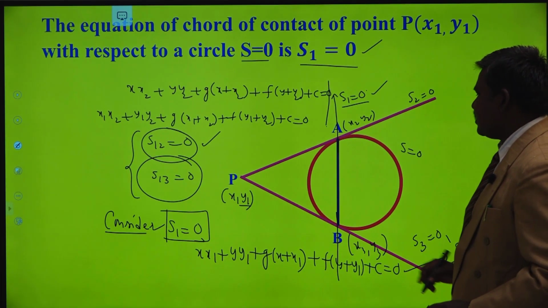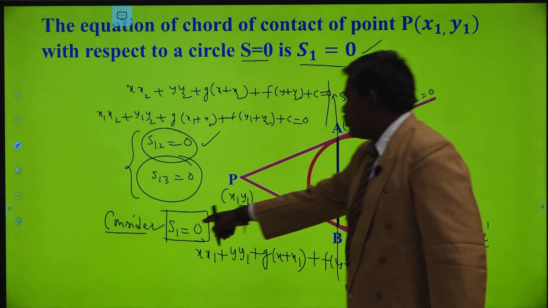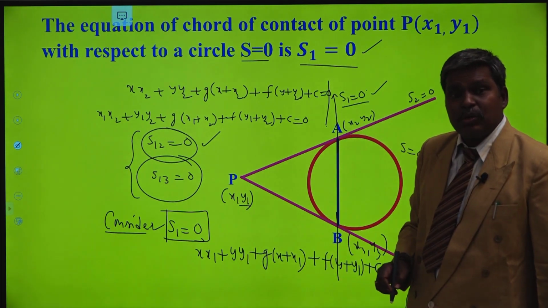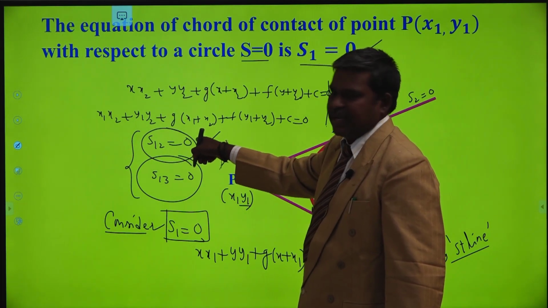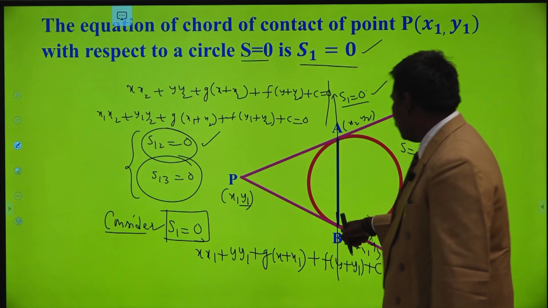Now my question is: is it passing through (x2, y2) or not? Because when you substitute (x2, y2) in S1 = 0, we get S12 = 0. Is it clear? S12 = 0, which we already obtained. Now, is S1 = 0 passing through B or not?